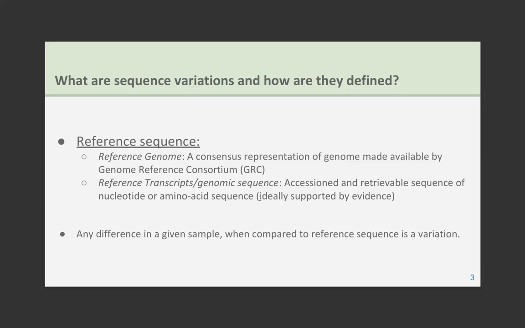Ideally, these reference sequences are encouraged to have a stable identifier if they are supported by some experimental evidence. So that's what I mean by reference sequence. Any difference in this reference sequence is how you define a variation.